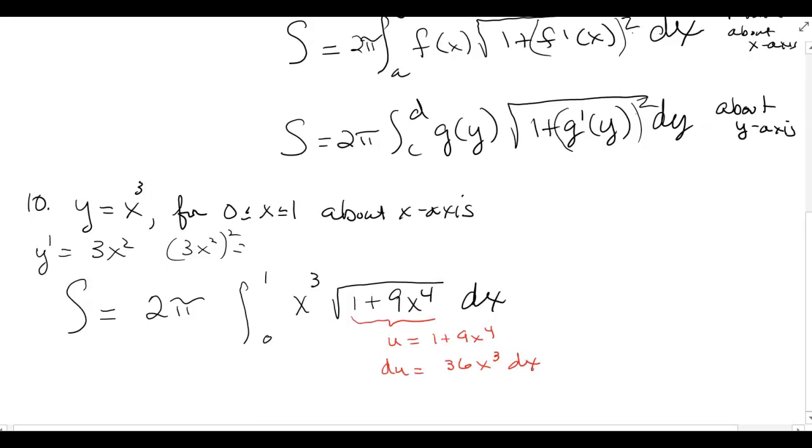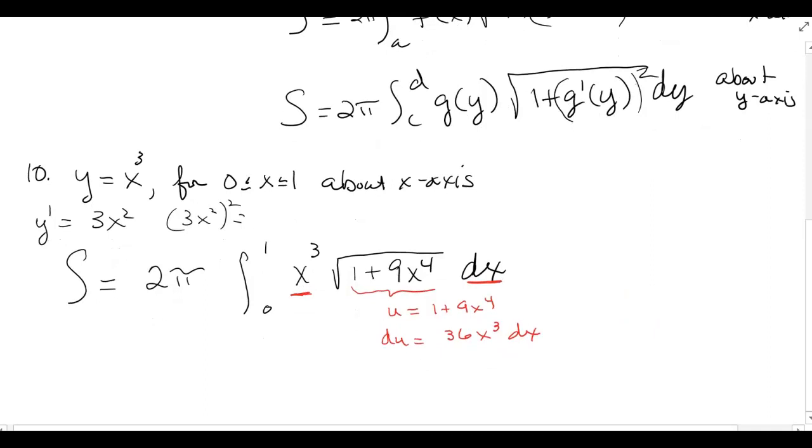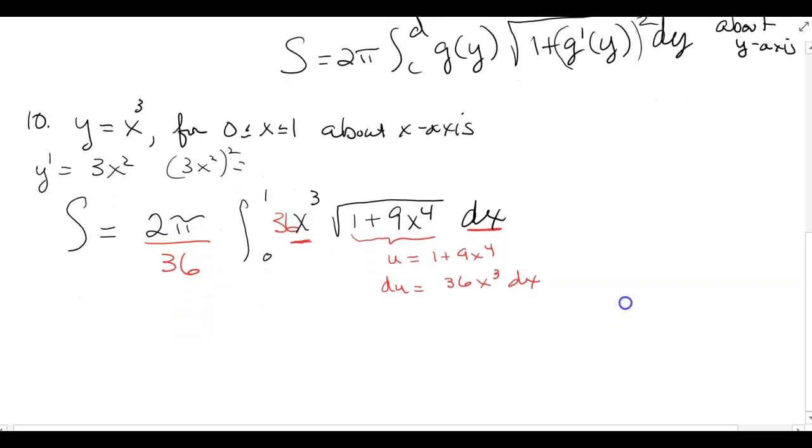Well, look at that. I already got the dx. I already got the x cubed. So having the function out front almost does set you up perfectly for a u substitution problem. Oh, but we don't have the 36. So we can add the 36 as long as we go ahead and get rid of it on the other side. Don't forget to do that.